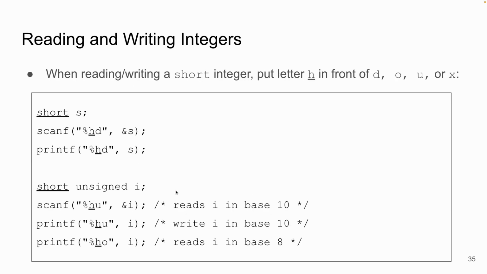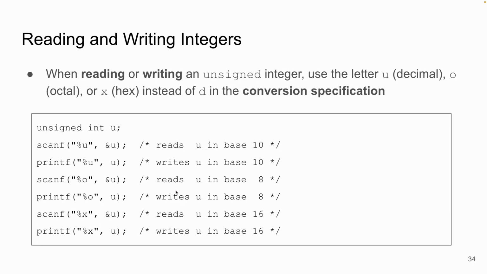And if we want to write down the short unsigned integer, okay, so u is especially for the unsigned integer. So it is not just for the decimal number.